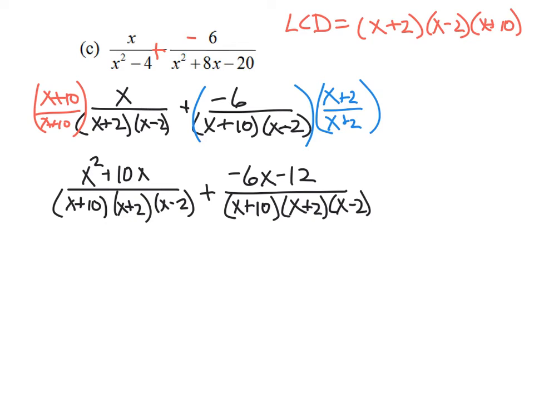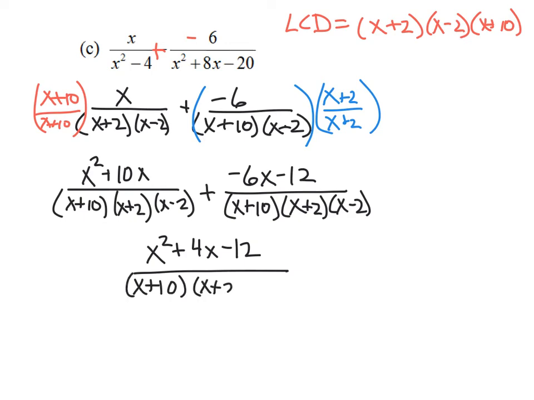Go ahead and add together your like terms, so that's going to be x squared plus 4x minus 12 over x plus 10 times x plus 2 times x minus 2. Factor your numerator. So this factoring is going to give us x plus 6 times x minus 2.